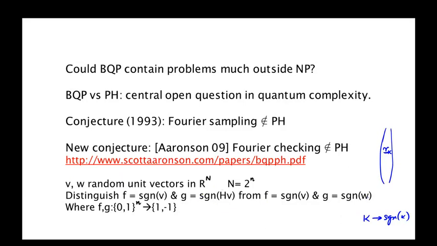So instead of W, we use the same vector V, once as it is and once having applied the Hadamard transform to it. We want to distinguish these two situations from each other. There's a very simple quantum algorithm that will distinguish the first situation from the second one. But the conjecture is that you cannot do this distinction anywhere in the polynomial hierarchy.